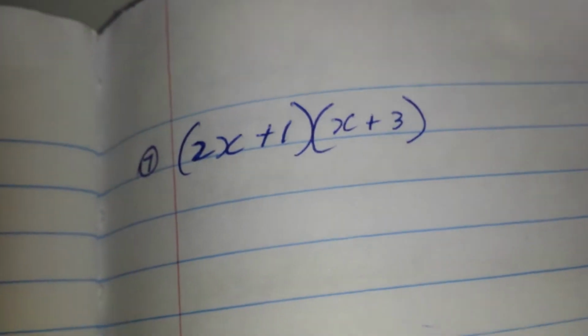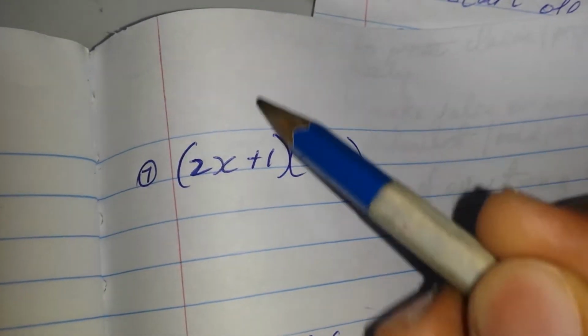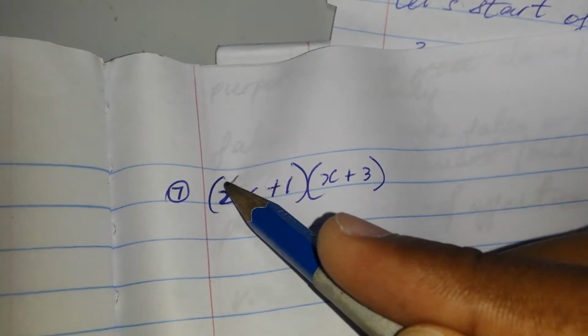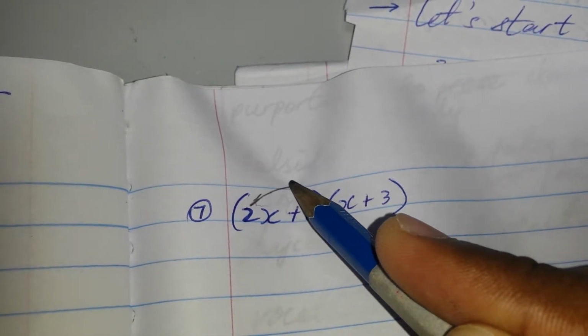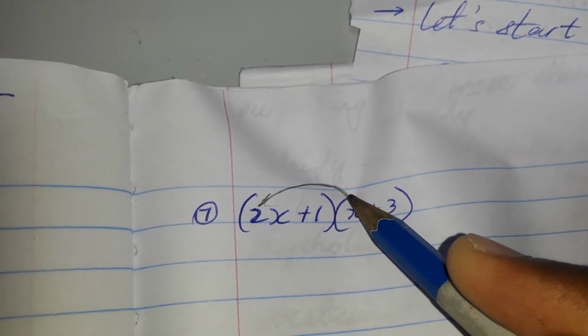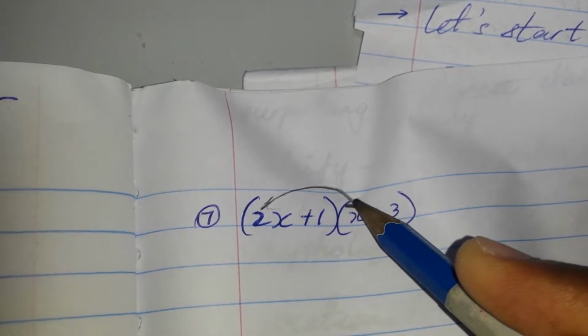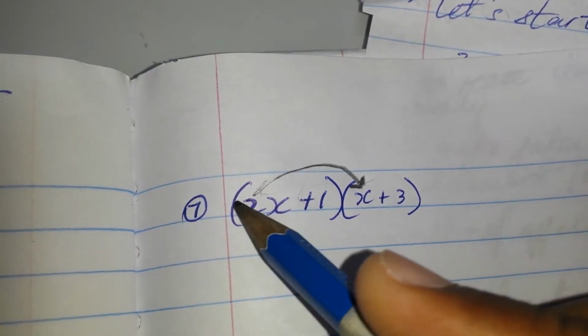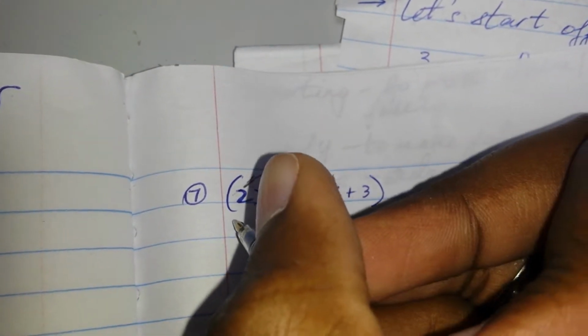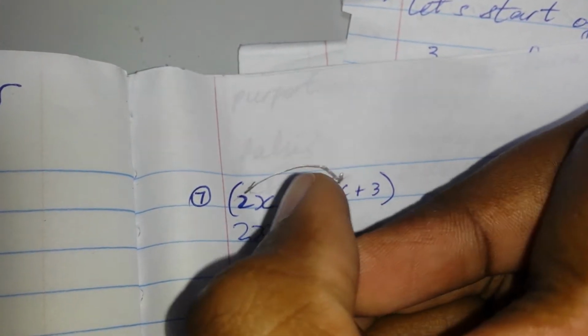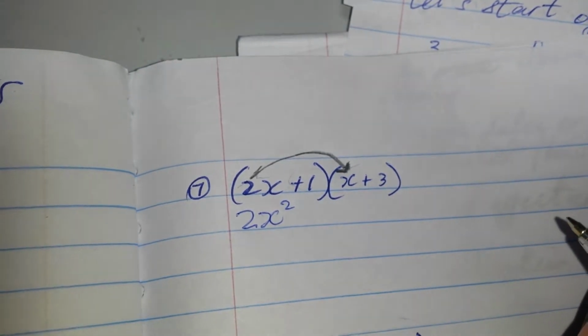Alright, so the way we do this one, I need to do the arrows for guidance. The first term in the first bracket or parenthesis multiplies by the first term in the second bracket. That's the first thing you're doing. So 2x by x gives 2x squared.